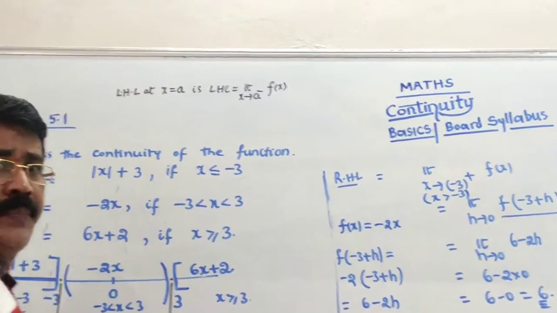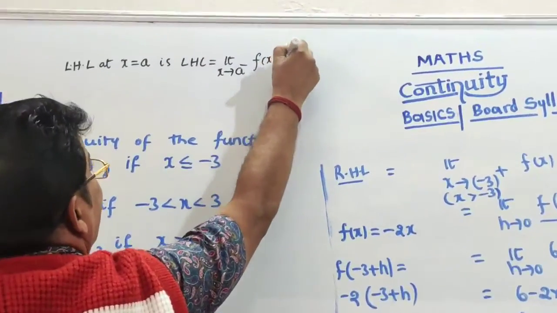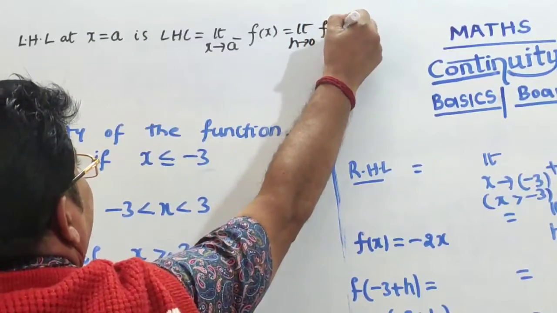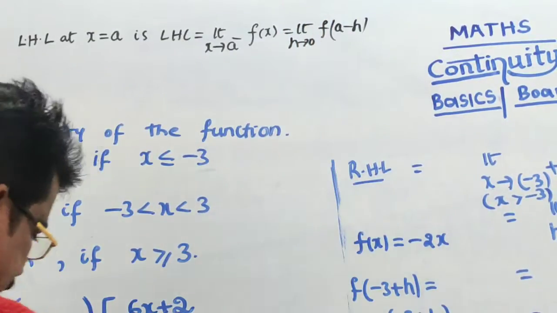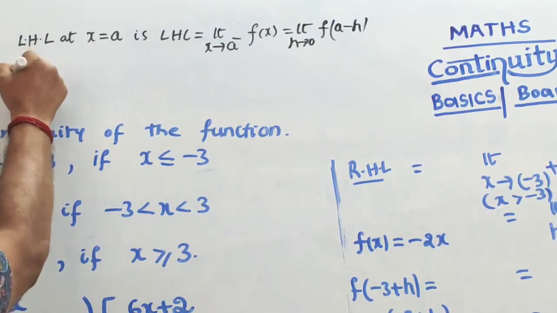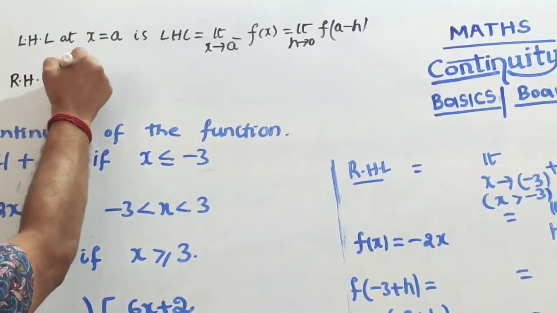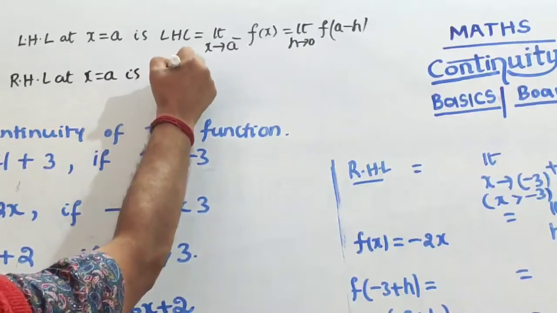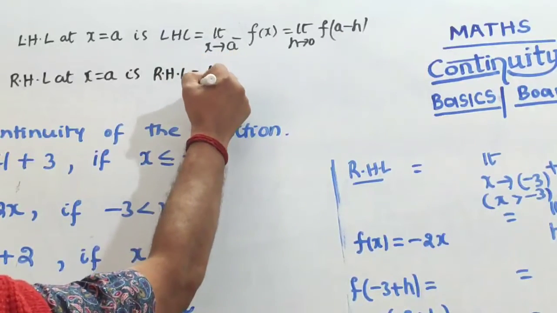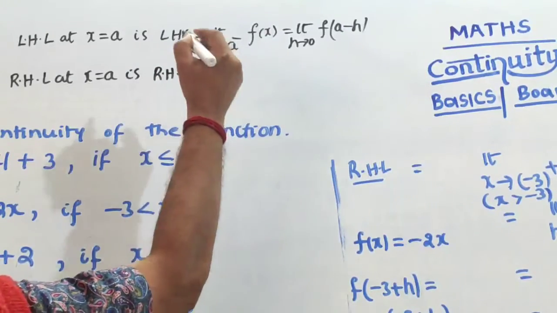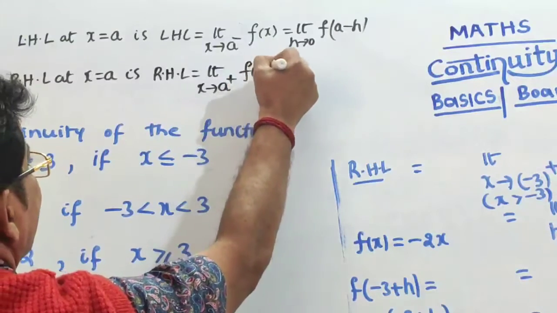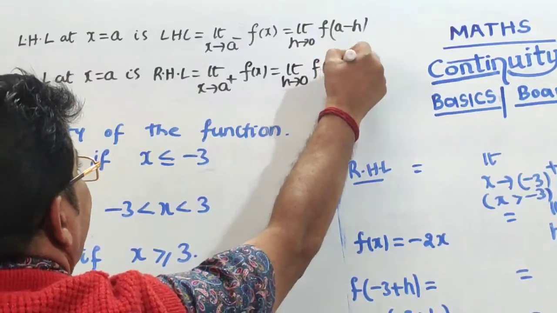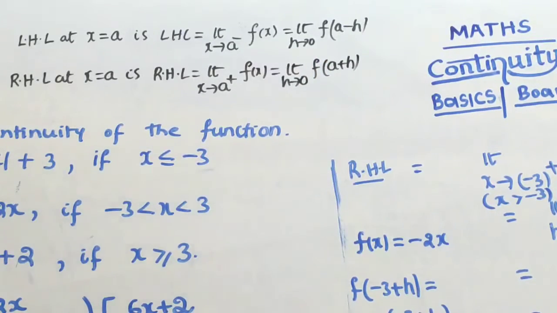The formula is limit h tends to 0 f of a minus h. Next, the right hand limit at x equal to a is limit x tends to a plus f of x, that is equal to limit h tends to 0 f of a plus h.